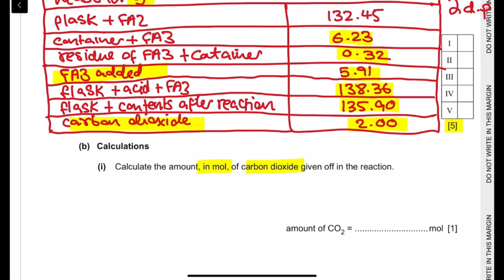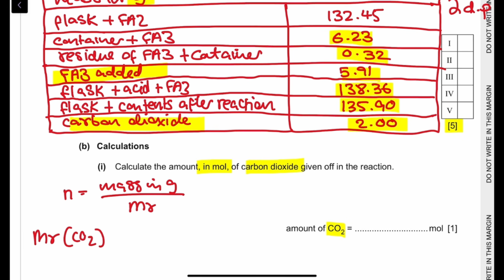It then asks us to calculate the number of moles of carbon dioxide given off in the reaction. This is the formula for carbon dioxide, and we need to remind ourselves that the number of moles denoted by n is equal to the mass in grams over the molar mass of the substance. So the Mr of CO2 is equal to the sum of the Mr of the individual atoms. So one carbon atom has an Mr of 12, and oxygen atoms have an Mr of 16. We'll end up with an Mr of 44.